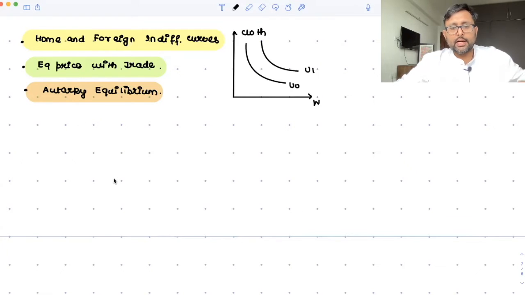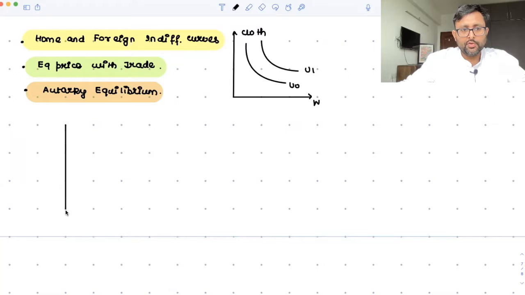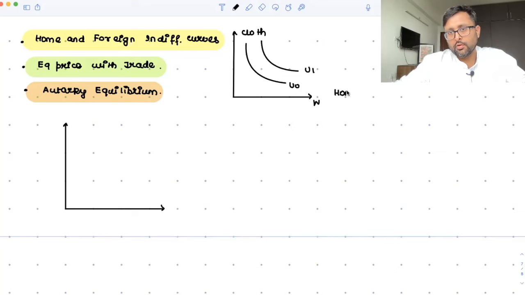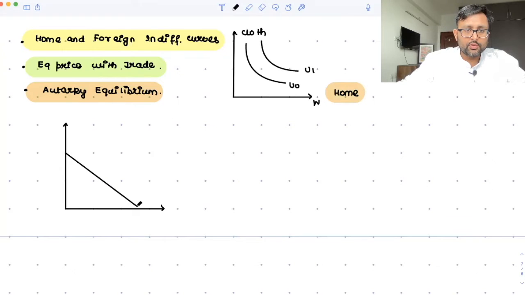Now, what I can do is superimpose the PPF out here. I hope you remember the PPF, which we drew in the last class. This is my PPF for the home country, and it looked like this.